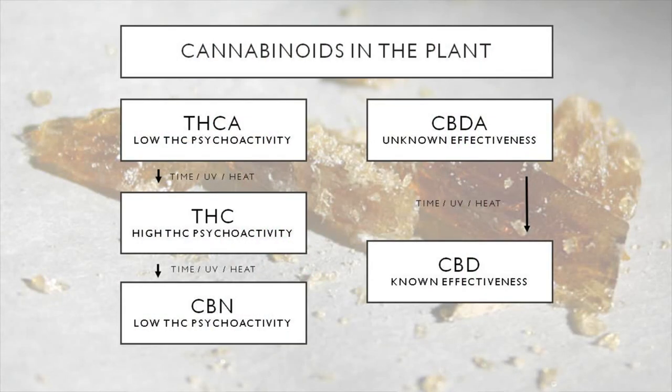CBDA just converts to CBD, which is extremely stable, so there's no third compound that it degrades to. Now, if you're doing cannabinoid extraction in the lab, the degradation from THCA to THC is a combination of heat and time.